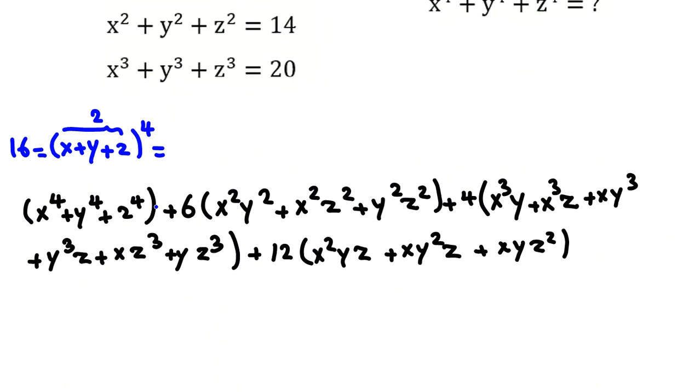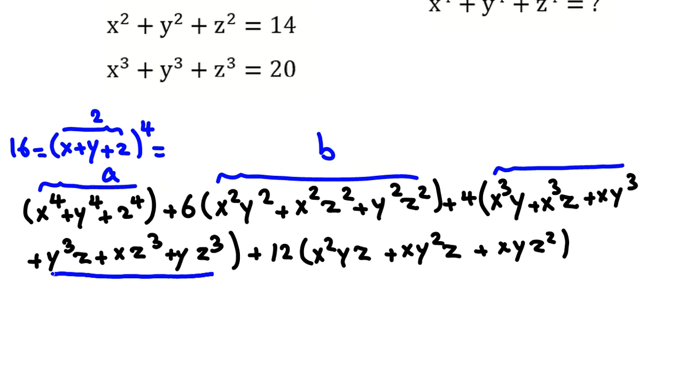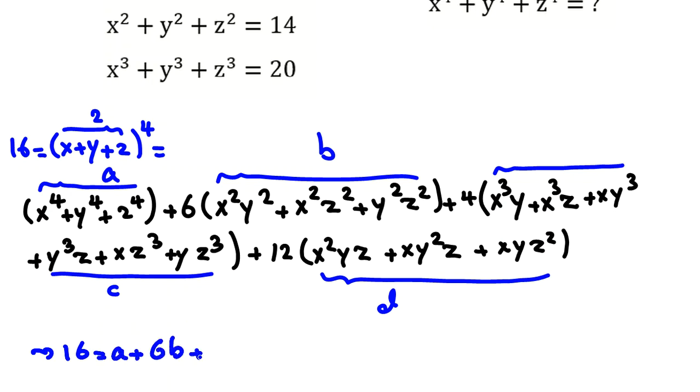As you can see, it will be equal to this, but here we want to find this part. Let me call each of them. For example, this part A, I want to find A. This part B. This part here is C. This part is D. So 16 equals A plus 6B plus 4C plus 12D.